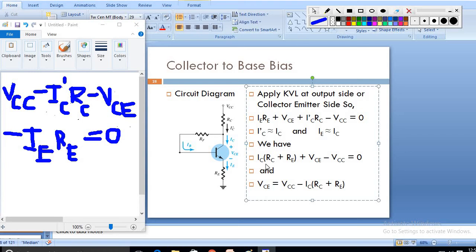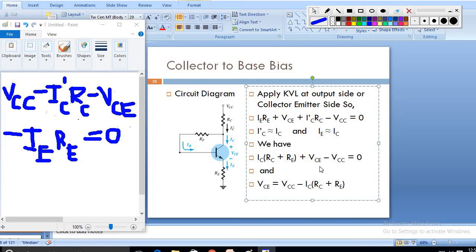Again I am taking IE and IC dash as equated to IC, so I am replacing IC dash as IC and IE as IC in this equation. So I will get IC, taking common in these two, RC plus RE, plus VCE remains as it is, minus VCC is equal to 0.